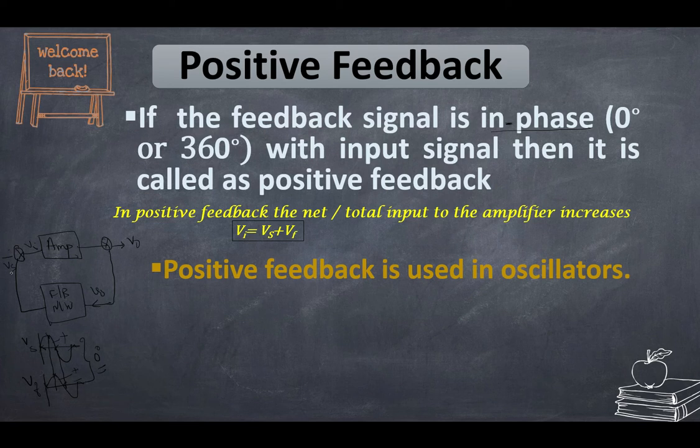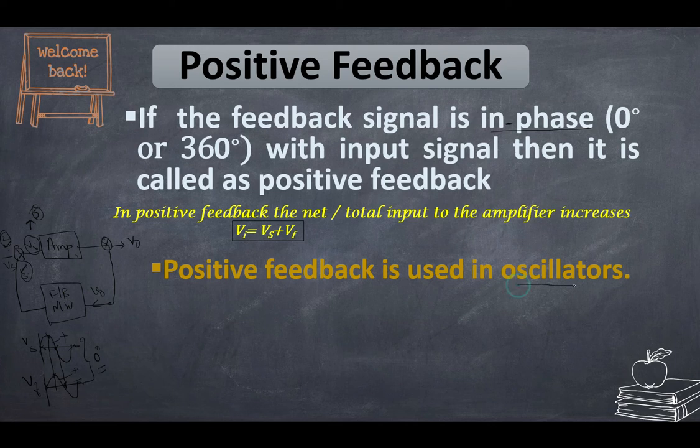What happens here is, both are of the same type. Naturally this voltage gets added up, increases. Suppose if this is 2, this is 3, means totally this will become 5. Just for example, I am giving some numerical value. So it will get added up. Similarly, if I have to write the equation, Vi, that is this voltage, is equal to Vs plus Vf.